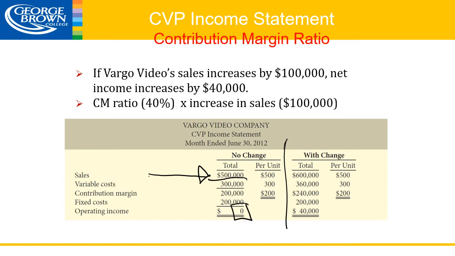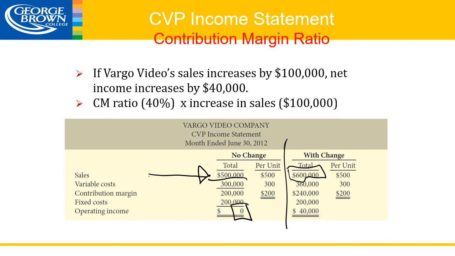If we were to have $100,000 worth of sales increase, so if our sales were going to go from 500,000 to 600,000, we could easily know the effect on our net income by taking the increase, or 100,000, and multiplying it by our contribution rate or contribution ratio.